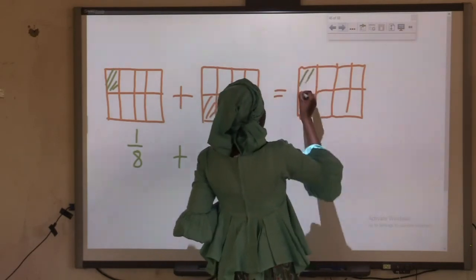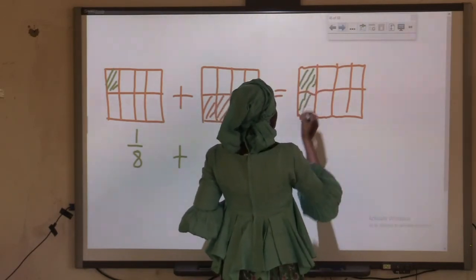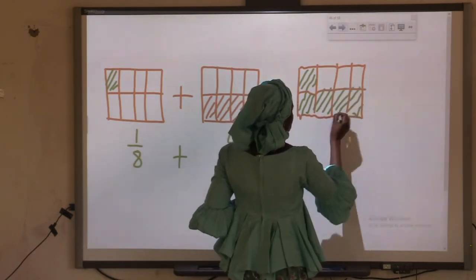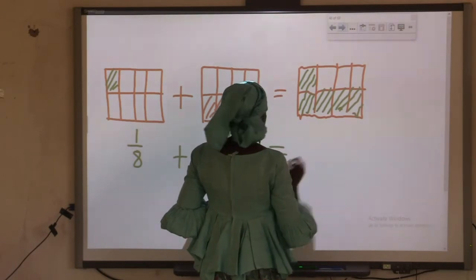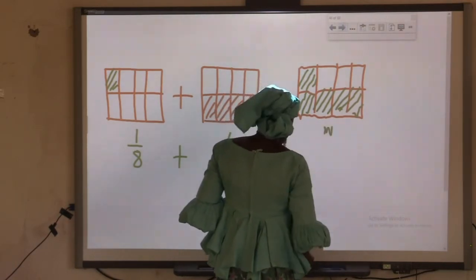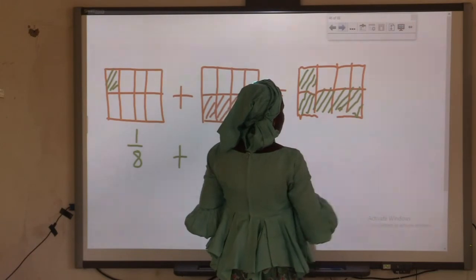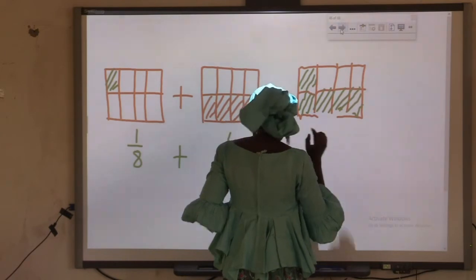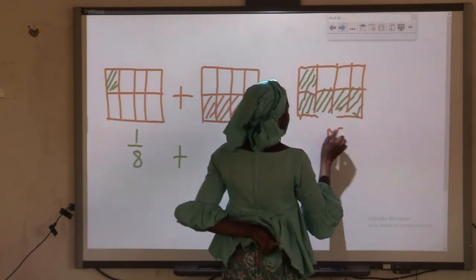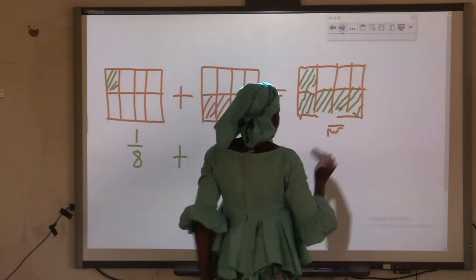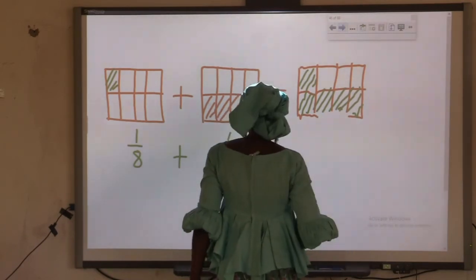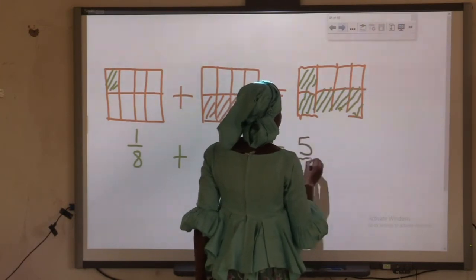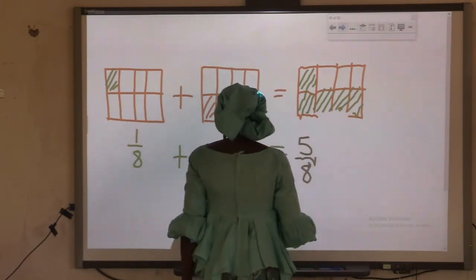So it is going to be 1 plus the 4 down, which is going to be 5/8.